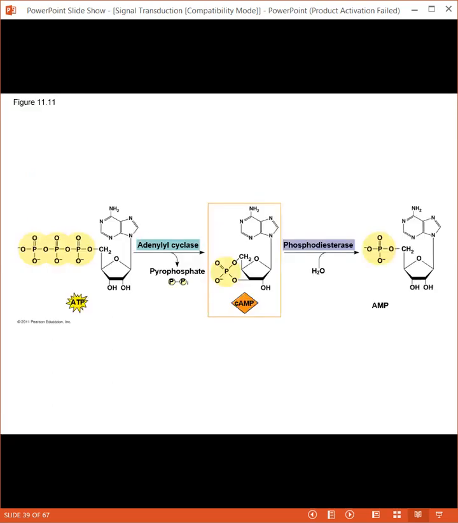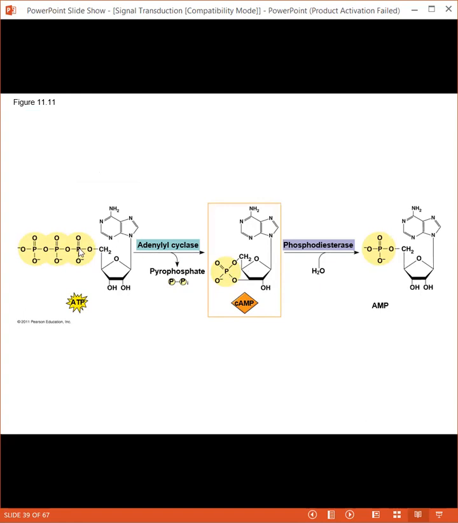You can see in this reaction the ATP molecule. It is the structure of the ATP molecule at the left hand side. The reaction is catalyzed by the enzyme adenylyl cyclase, which removes the pyrophosphate, two phosphate groups, from this ATP molecule, and thus forms one molecule of cAMP, cyclic AMP. Why is it known as cyclic AMP?